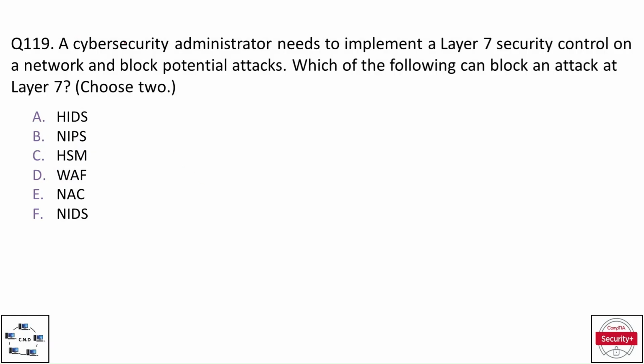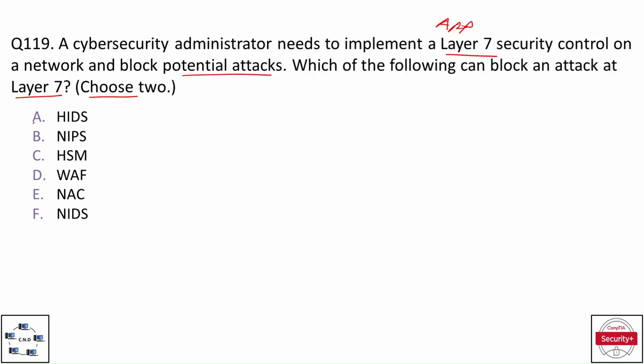Question number 119. A cybersecurity administrator needs to implement a layer 7 security control on a network and block potential attacks. Which of the following can block an attack at layer 7? Choose two options. So we are talking about OSI layer 7, also known as application layer.